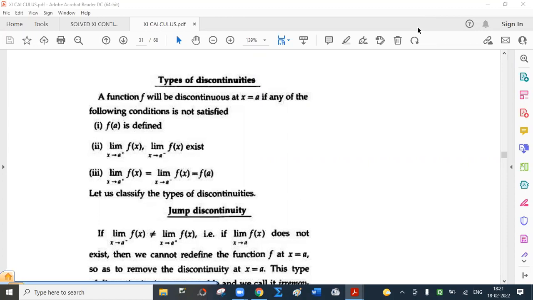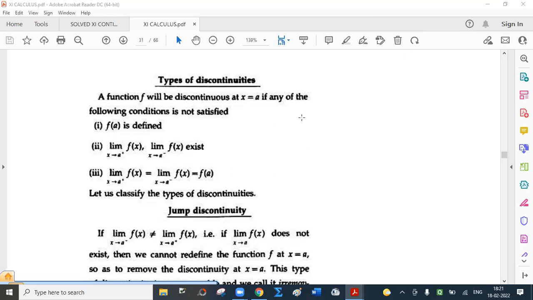A function f will be continuous, they should say a function f will be continuous at x equal to a if all of the conditions, I'm sorry, this is correct, if any of the conditions is not satisfied, right? f of a is defined. Limit x tends to a plus f x and limit x tends to a minus f x both exist, and limit x tends to a plus f x equal to limit x tends to a minus f x equal to f of a.